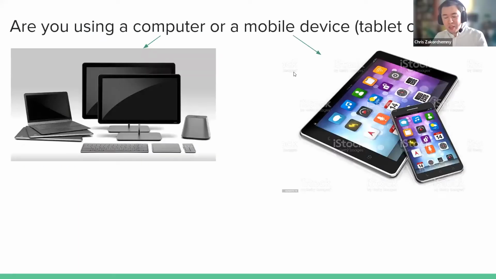It doesn't matter if we're using a computer or a mobile device. Yes, it looks different, not that much different, but it does look different. And it's our responsibility as instructors.